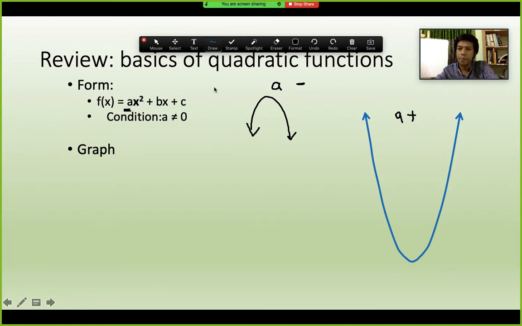Suppose the question is like 2x squared, or x squared only, plus something, then the graph will be like this. And if it is minus 2x squared, a negative value, then the graph will be a down opening parabola.